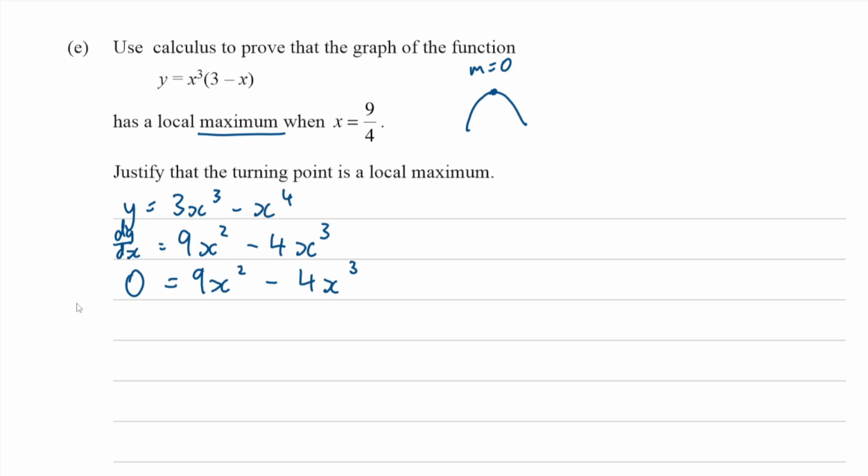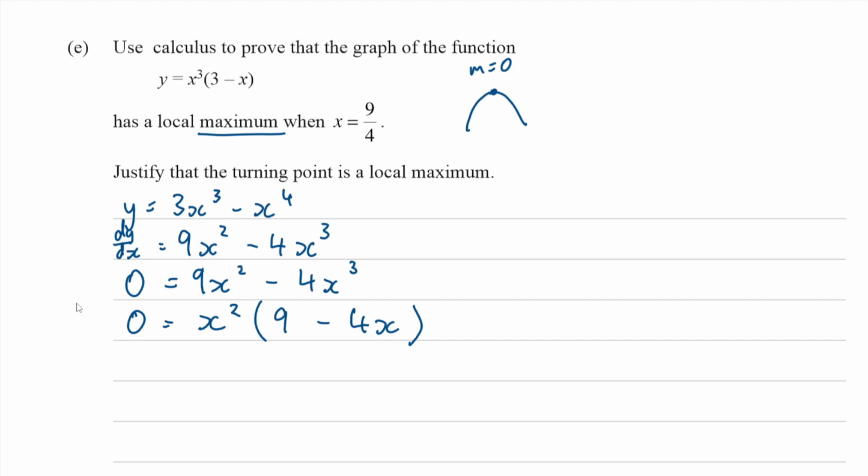So I will factorize by pulling out x squared, and we're left with 9, right? x squared times 9 gives 9x squared, and minus 4x, because x squared times minus 4x gives minus 4x cubed.